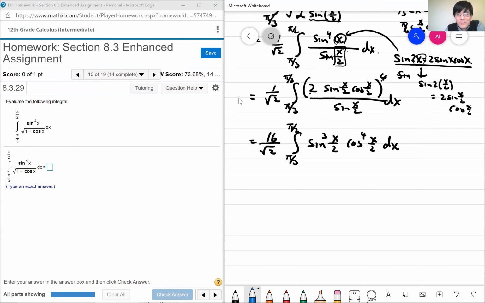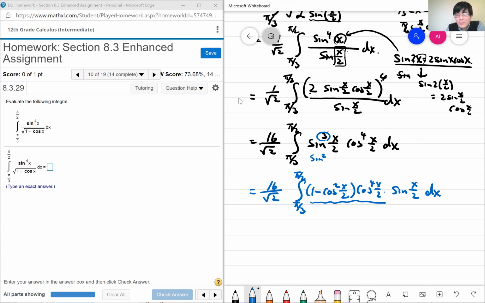So looking at the power here, you see odd here. So let's rewrite the cube into doubles and the single term out. So single one out, and you have square left and change it to cosine square.